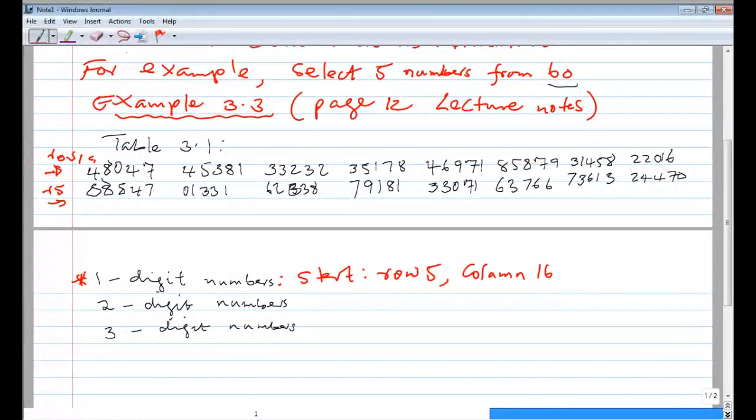Column 1 is 4, column 2 is 8 from row number 1. Can you see that? Column 3 is 0. Column 4 is 4, sorry. Column 6 is 7. Do you follow that? So in other words, it's like this.